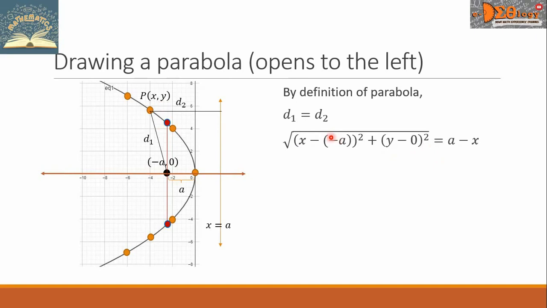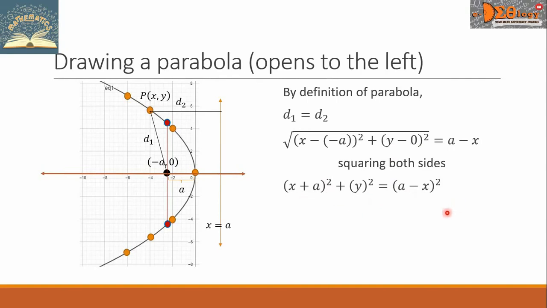For the right side, this is equal to d sub 2, the distance from this point to the line, so we have a minus x. Let us square both sides. The left side becomes (x plus a) quantity squared, plus y squared, equals the right side, (a minus x) squared.